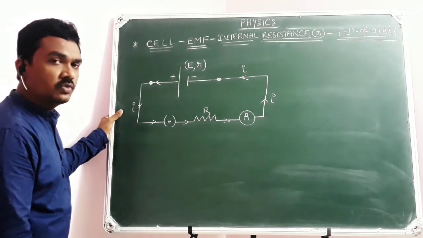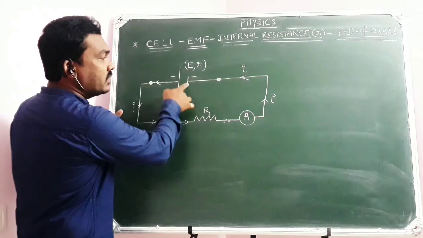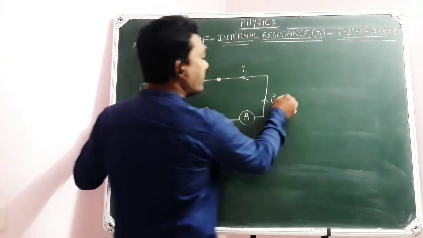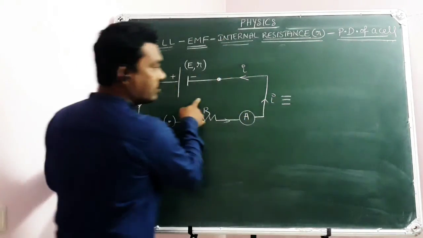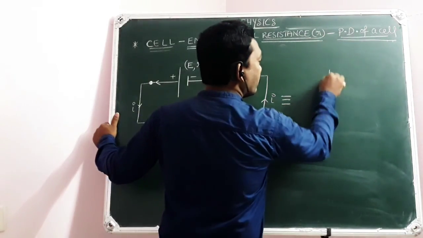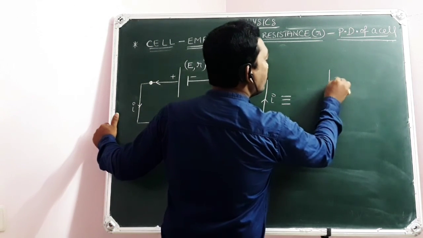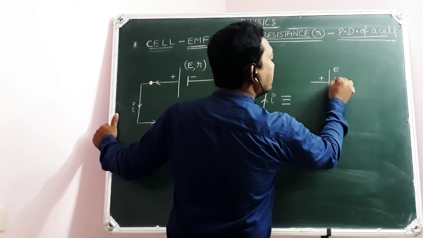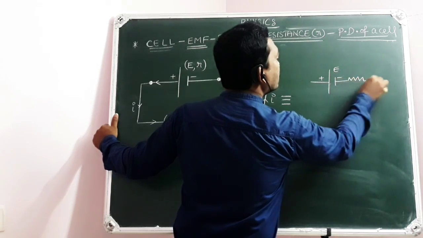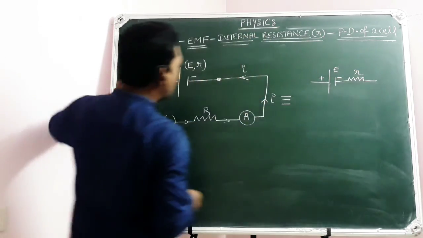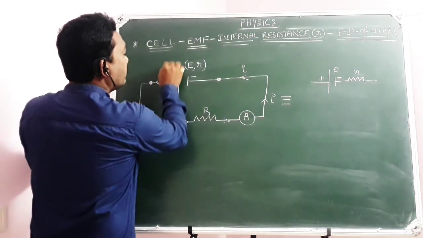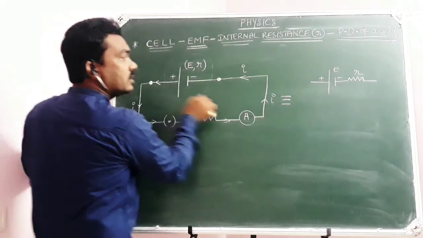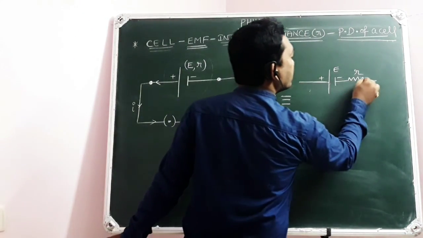Now in this particular situation, as a cell is offering some internal resistance, you can take an equivalent circuit of this in this way. This is a cell whose EMF is E, offering some internal resistance. See the notation. This entire cell which offers some internal resistance can be represented in this way.